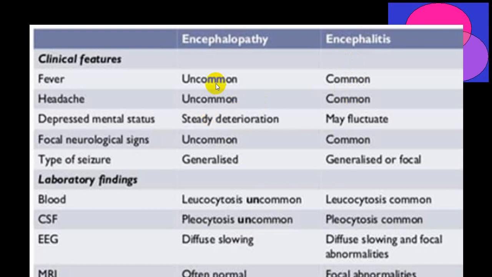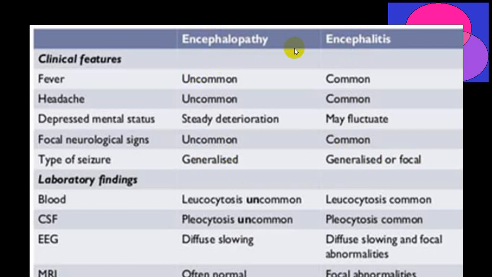Altered mental status will be steady in encephalopathy, while it will be fluctuating very frequently in encephalitis. Focal neurological damage will be more common with encephalitis, while it will be generalized in encephalopathy. Seizures will also be generalized in encephalopathy, while in encephalitis, seizure a good number of times is focal and then can be generalized. But neurological damage is invariably focal only.